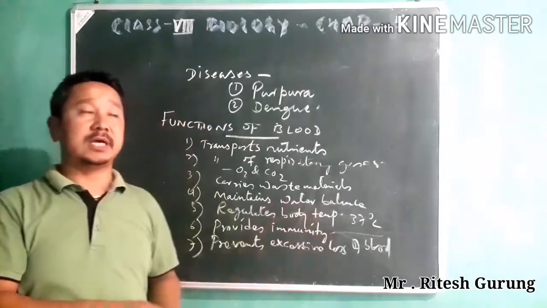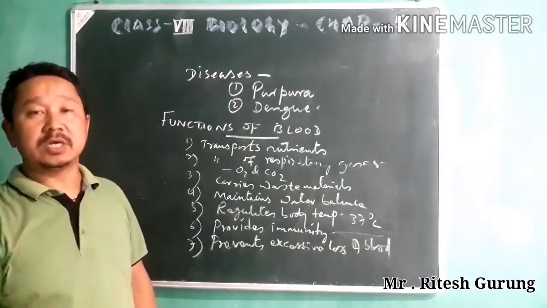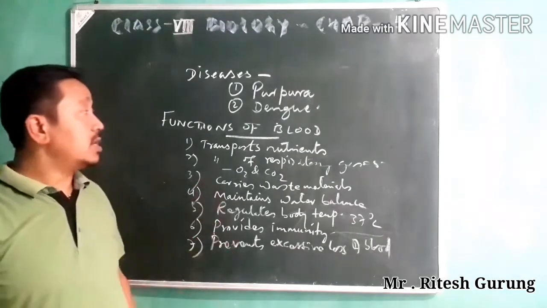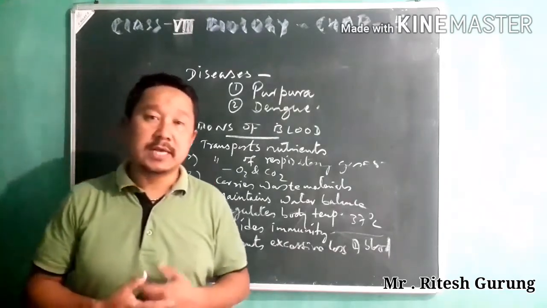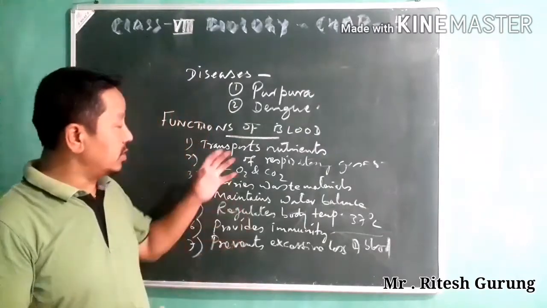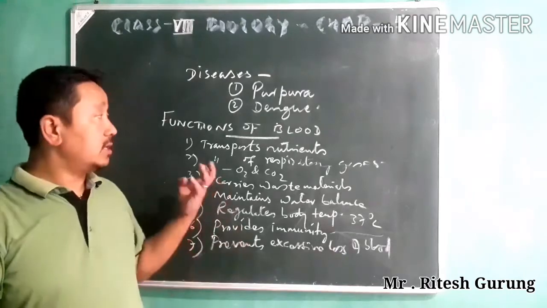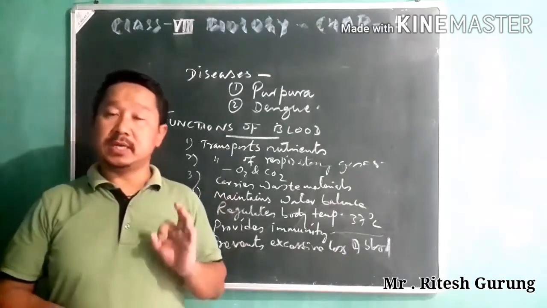Otherwise, the blood will be continuously flowing out, and consequently we may die. So this is how blood plays a very important role in protecting us and in doing all those works in the body. So that way the blood is very, very important in our body.